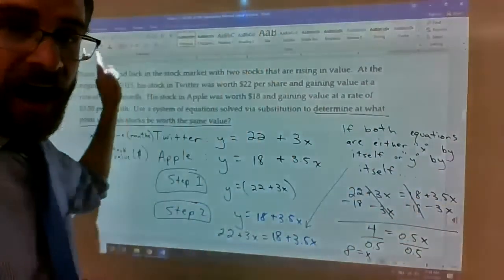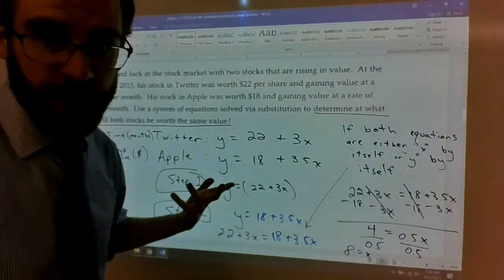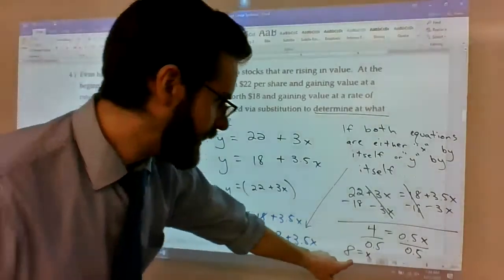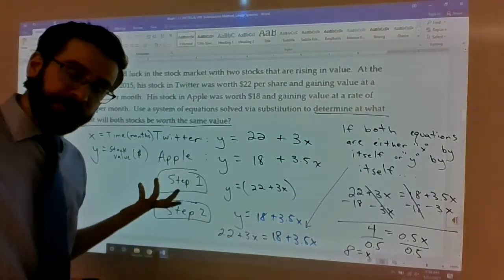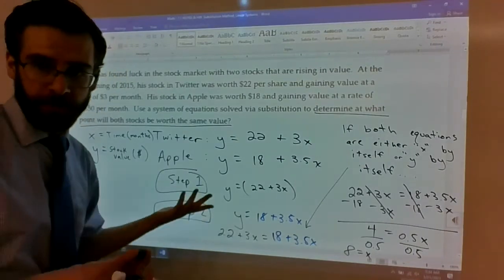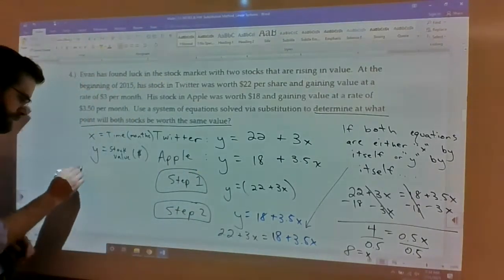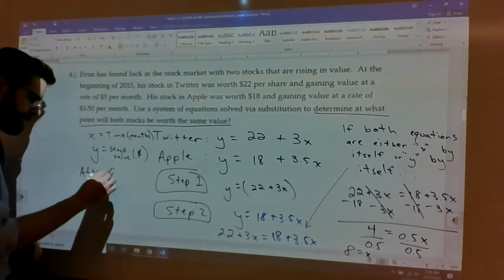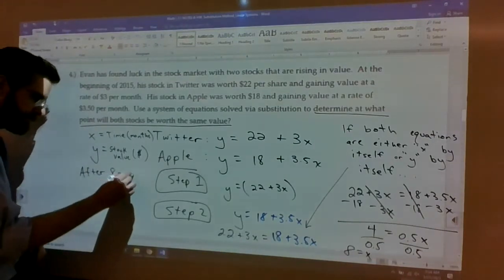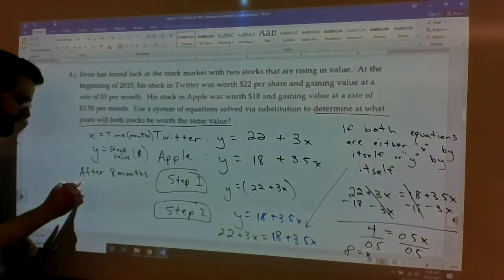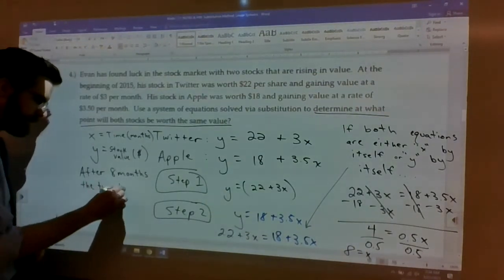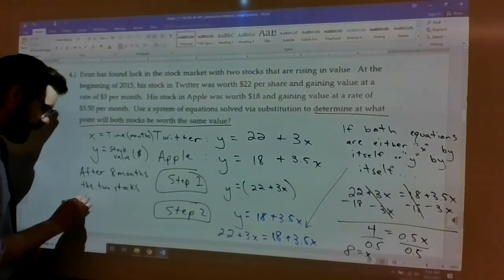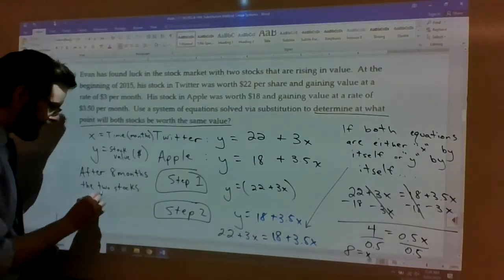At what time will both stocks be worth the same value? 8 months. After 8 months, the Twitter and Apple stock will be worth the same. After 8 months, the two stocks will have the same value.